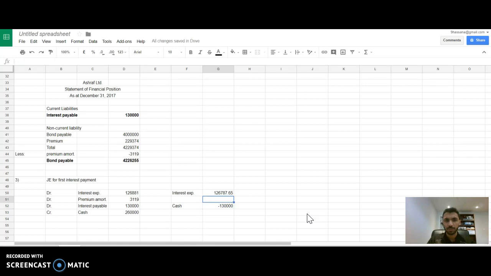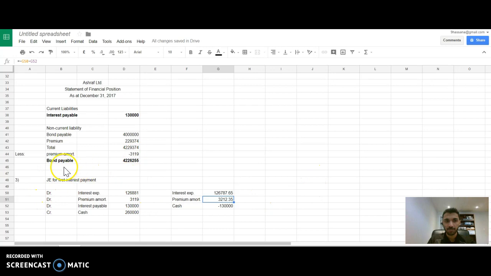Our debit is to interest expense, and our difference goes to premium amortization. And the difference between these two would be this amount and this amount adjusted, and it's 3,212. And what we've learned when we looked at the theory for premium amortization is over time, the amount that you amortize increases back into your bond. Right? So we reduce the premium a little more every time we'd have to do it.